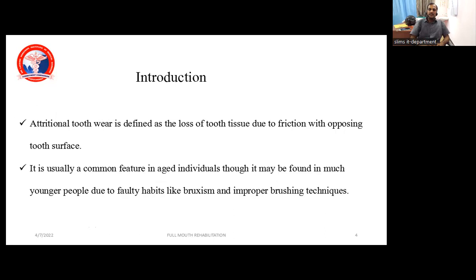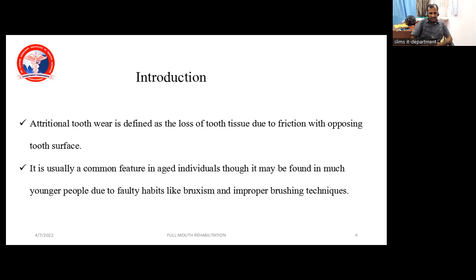It may be a physiological change due to age-related changes, abnormal oral habits, or consequences of night grinding or bruxism, which leads to a collapse of the occlusion, the occlusal table, wherein the patient needs a full mouth rehabilitation.